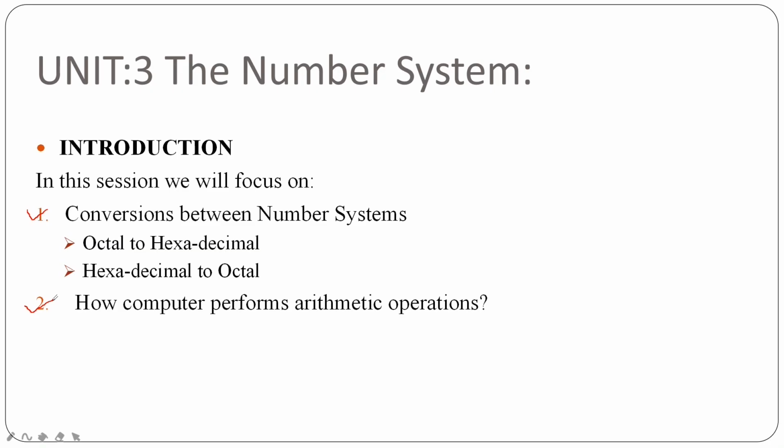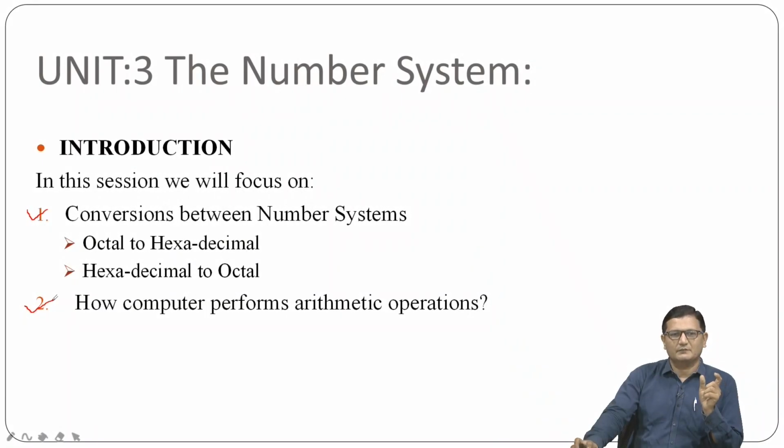We have already discussed that the machine can understand only one language, and that is binary language. So some sort of translation will be done. Whatever numbers are entered by the user in decimal format get translated into binary format, right?